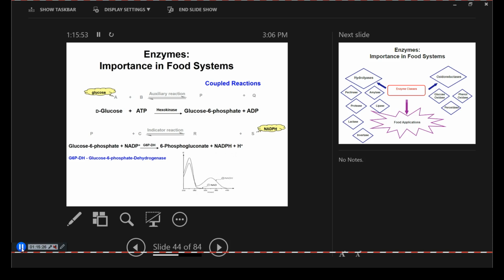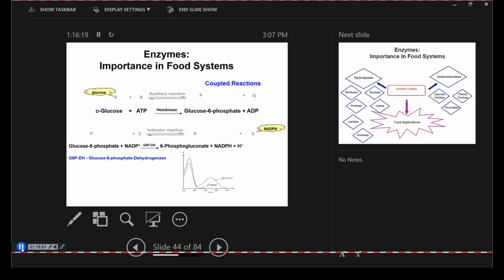Okay, this is an example of a coupled reaction, and here let's say we're measuring glucose as our substrate. Then we have the hexokinase enzyme that takes a phosphate from ATP and gives it to glucose to produce glucose 6-phosphate. This does not absorb light, so we take glucose 6-phosphate.